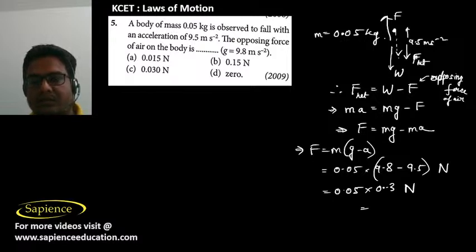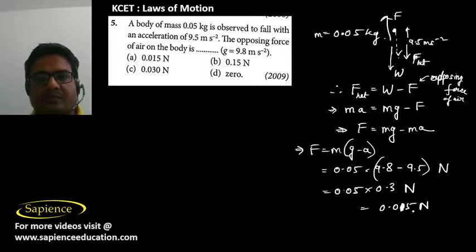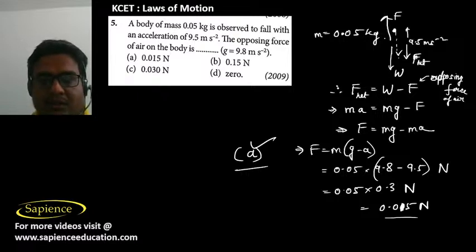So 3 5s are 15, so that is 0.015 Newton. So option A is the correct answer. So 0.015 Newton is the required opposing force of air on the body.